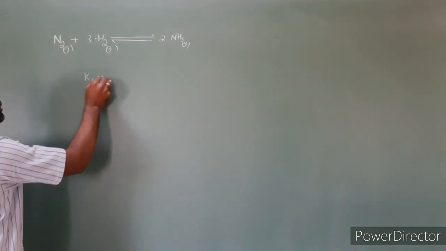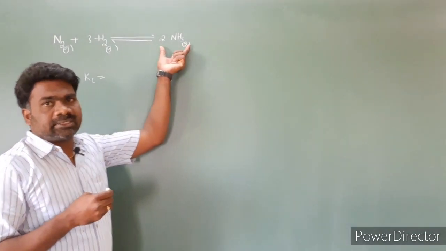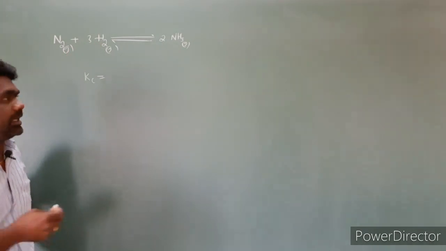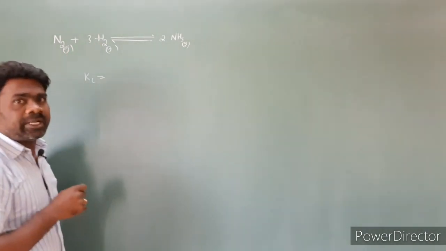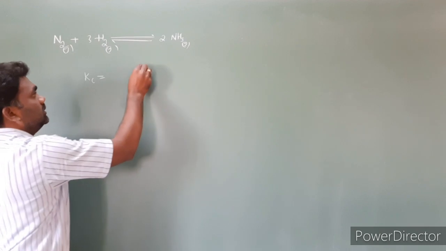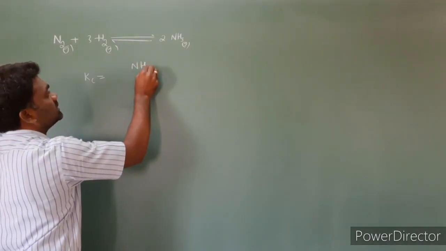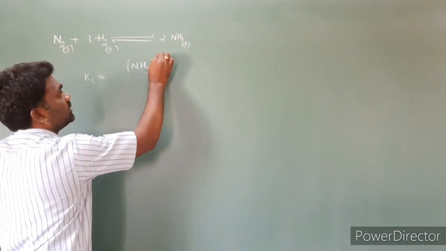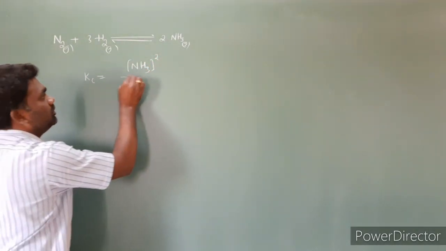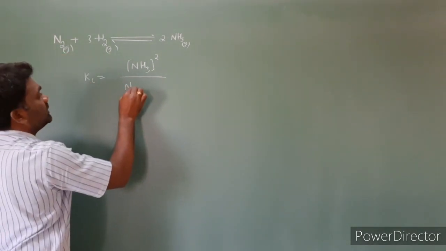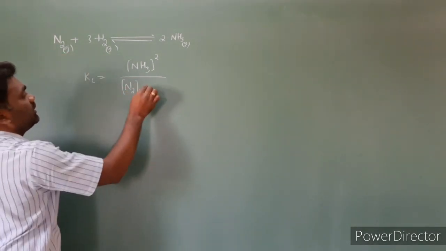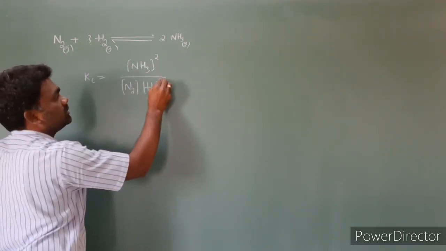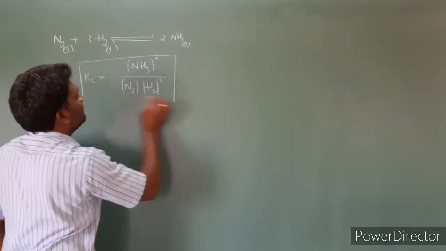Kc is the product of concentrations of products by the product of concentrations of reactants, each concentration term raised to its stoichiometric coefficient. So first the product, NH3, with stoichiometric coefficient 2: [NH3] power 2, divided by [N2] and [H2], whose stoichiometric coefficient is 3. So this is the Kc for this reaction.